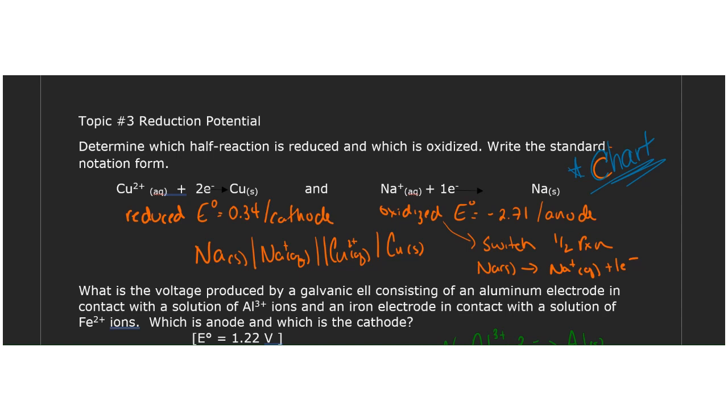So if a half reaction appears at the top of the chart or higher up than the other reaction, that is the reaction that's reduced. Since copper is higher up on the chart than sodium, copper is reduced.